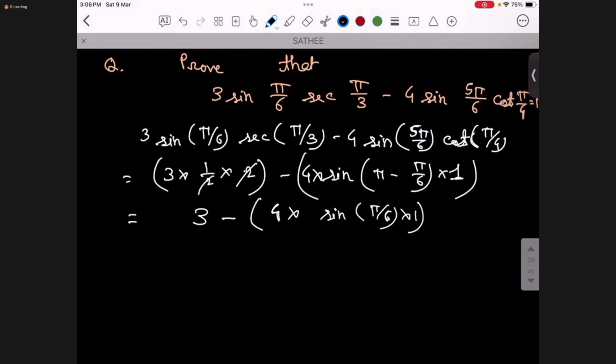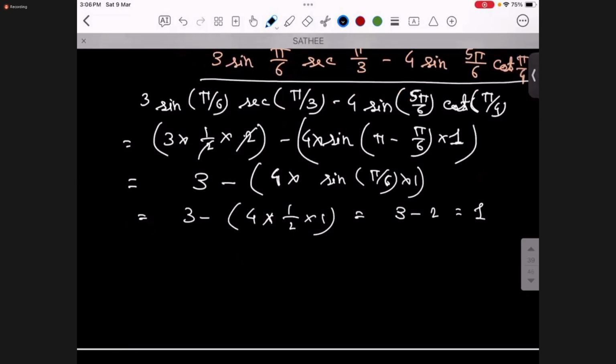Now what is sin(π/6)? Its value is 1/2. So 4 into half into 1, which gives us 3 minus 2, which gives us 1. Thus, just by knowing the value of some particular trigonometric functions at some particular points, we have reduced the expression, and so we have proved this statement.